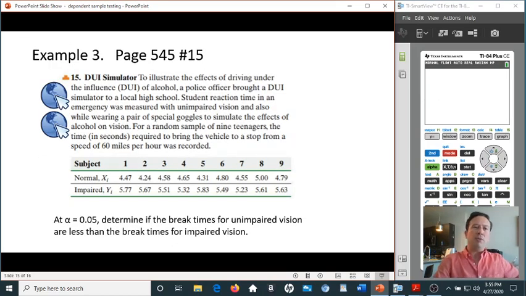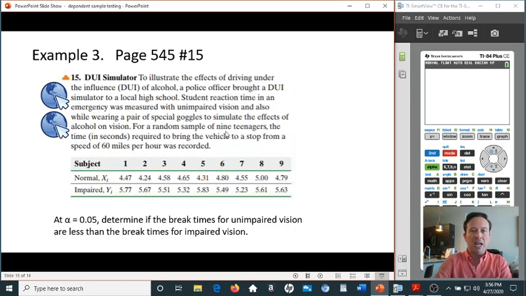All right, so our final example, number 3, a DUI simulator. This would be a great problem, actually, for high school kids. To illustrate the effects of driving under the influence of alcohol, a police officer brought a DUI simulator to a local high school. Student reaction time in an emergency was measured with unimpaired vision and also while wearing a pair of special goggles to simulate the effects of alcohol on vision.